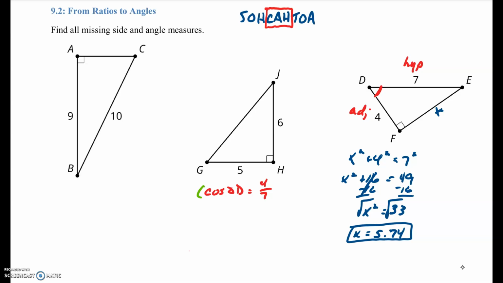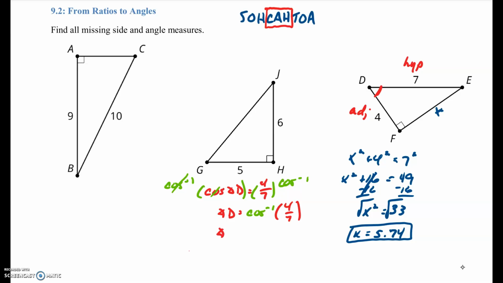Then I do the same thing. I want to get rid of this cosine, so I'm going to use arc cosine. Apply it to both sides. This arc cosine cancels the cosine, and I get the measure of angle D is equal to whatever the arc cosine is of the ratio 4/7.